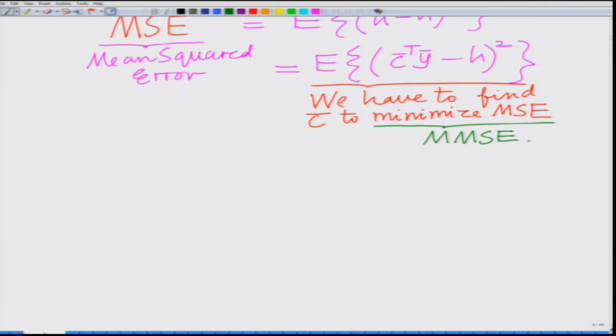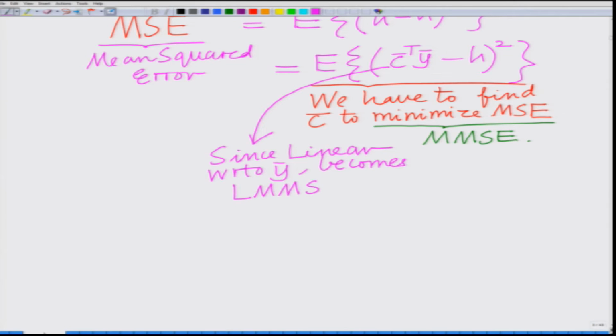Since this is linear with respect to y bar, it also becomes the linear minimum mean squared error estimate.